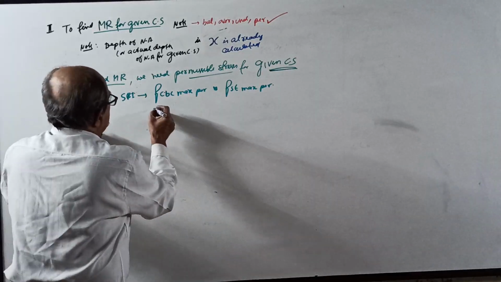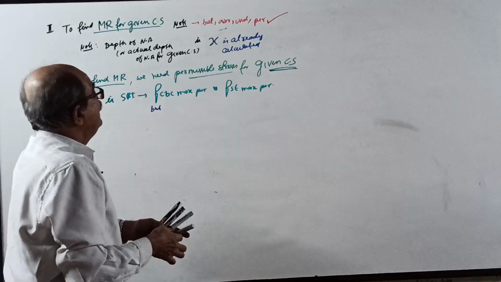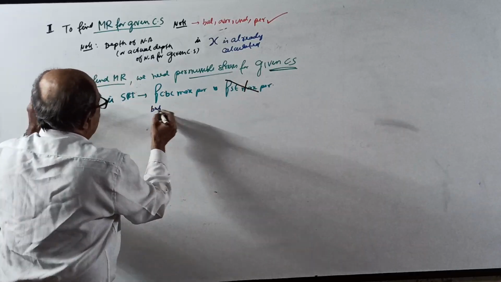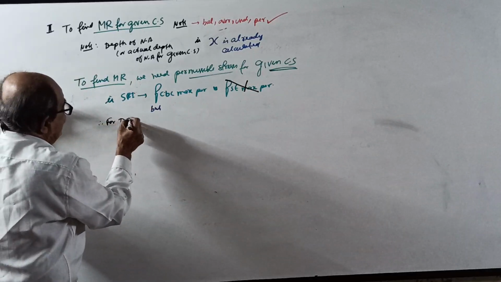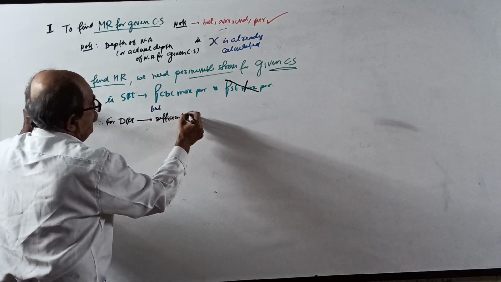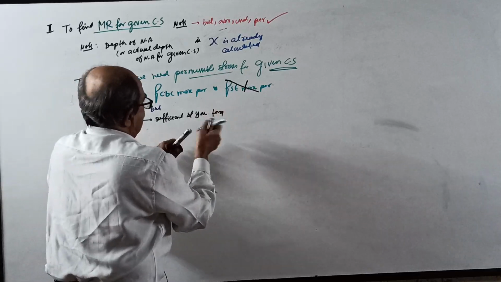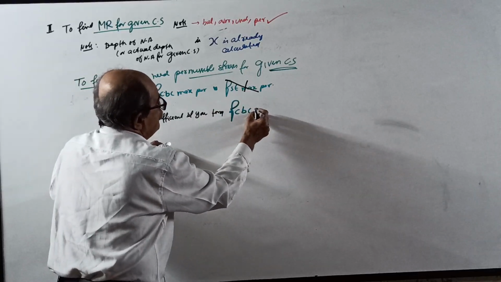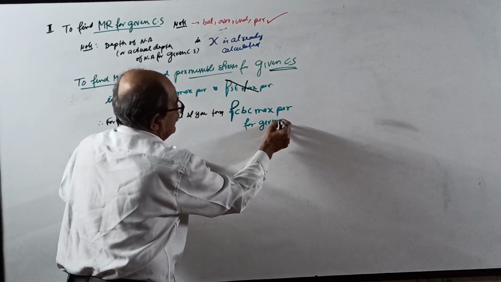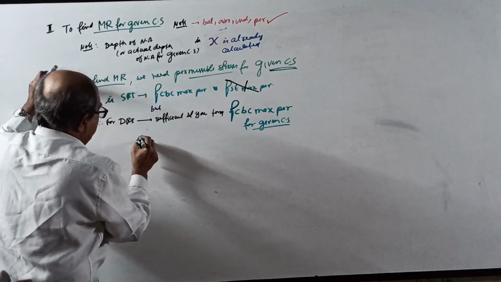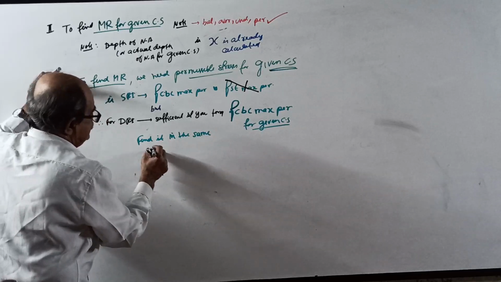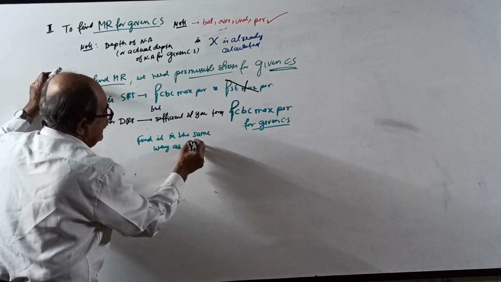But for a doubly reinforced section, there is no easy expression based on FST, so don't consider it. Therefore, for a doubly reinforced section, it is sufficient if you find FCBC max permissible for the given cross section, in the same way as a singly reinforced section.